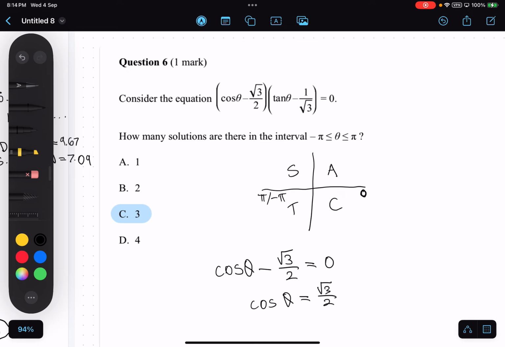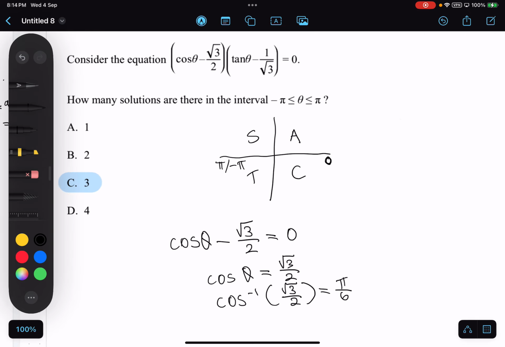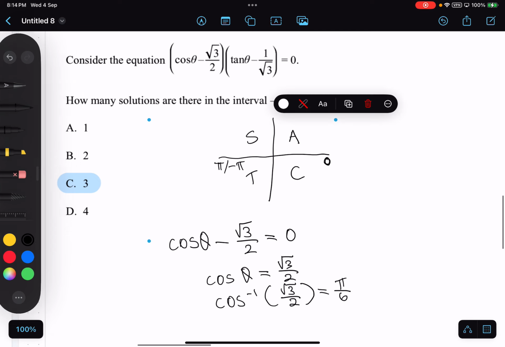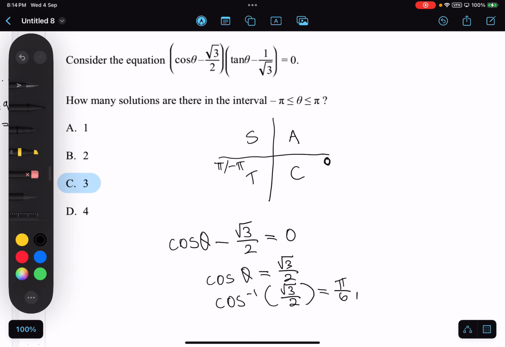So the inverse cos of root 3 on 2 is equal to pi on 6. And since cos is positive in the first and the fourth quadrants, the other answer is going to be 0 minus pi on 6.